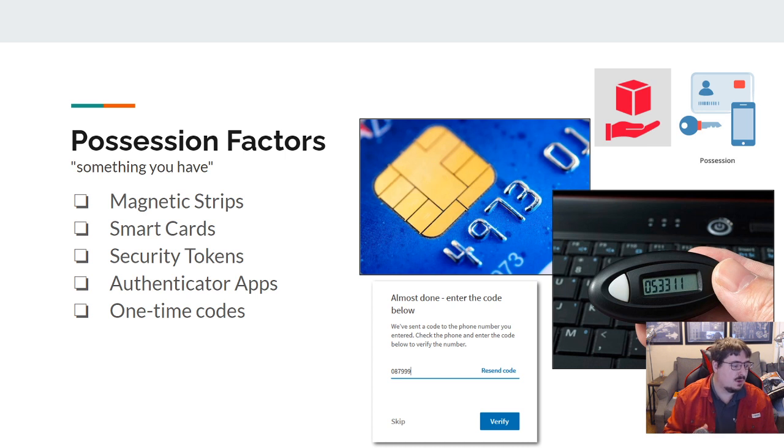So those security codes that are sent out generally fall into possession factors, because you can't get the code unless you own the device. So it's really about possession, not about knowledge.